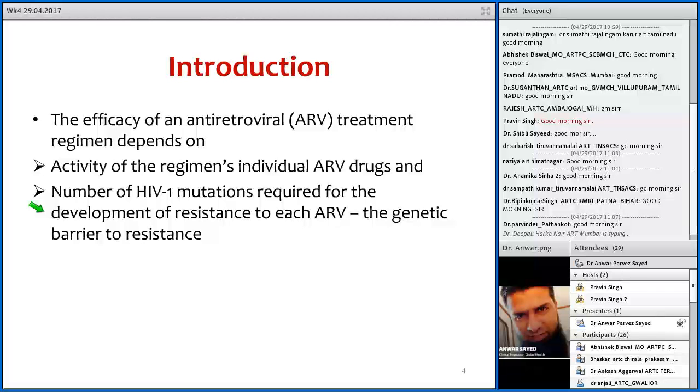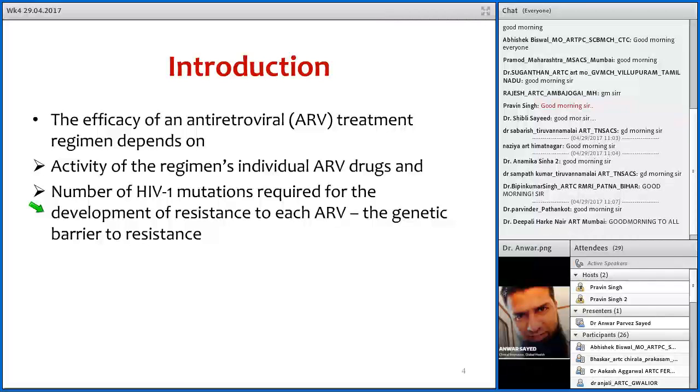And then he gave another example of a dimmer. So there will be stages. There will be some drugs which will act as a one-time switch, that is, if there is one mutation to that particular drug, the virus will become resistant. That drug will not then act. Or for drugs which are similar to a dimmer, you require more than one mutation to be accumulated to become resistant.